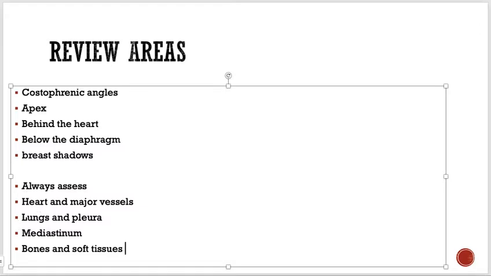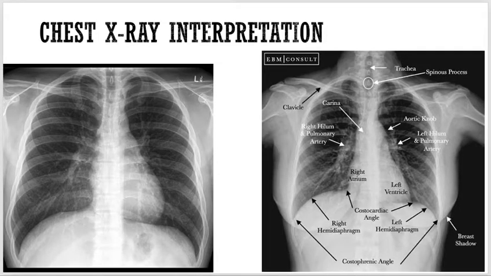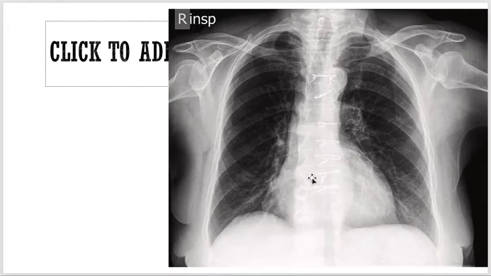Now, the important thing over here is what? You have to assess the size of the heart, number one. You can assess the size of the chambers of the heart. You can assess the size of the pulmonary vessels. You can find any stents, or sutures.